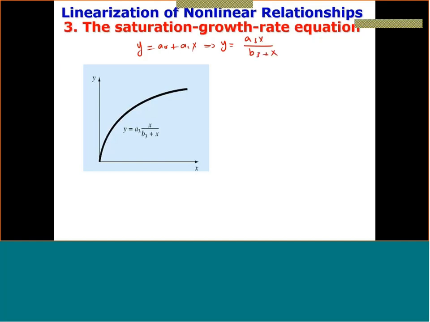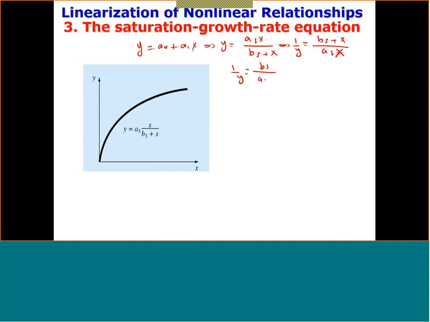So what I will do, I will take the inverse of both sides. So this becomes 1 over y is equal to b3 plus x divided by a3 x. Okay, so this becomes b3 divided by a3 x plus x divided by a3 x.